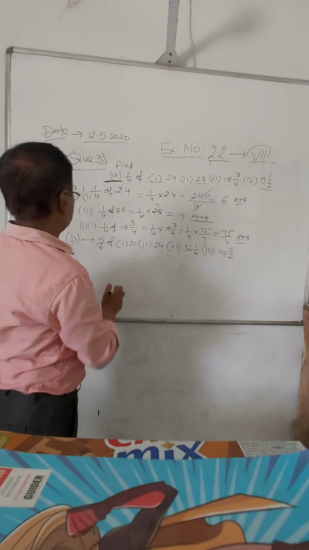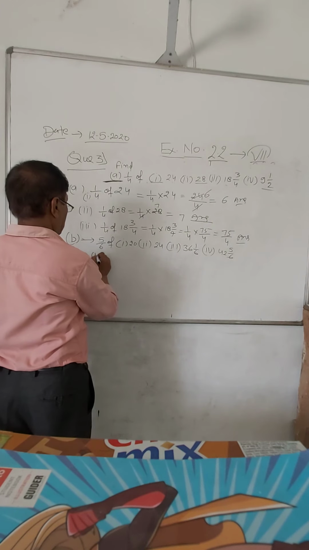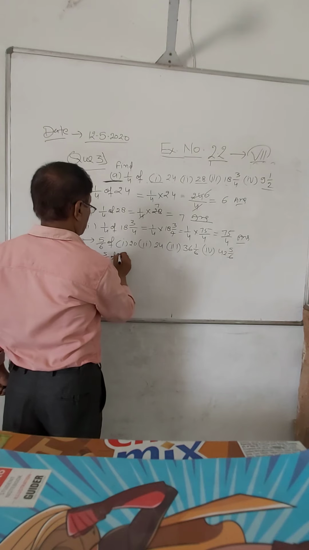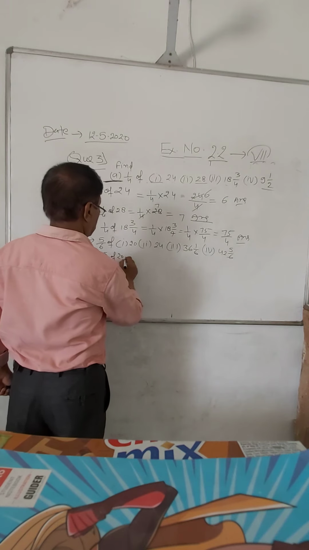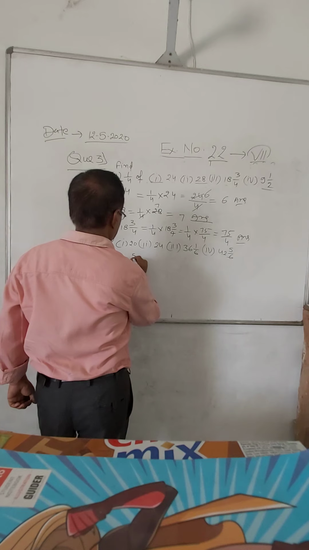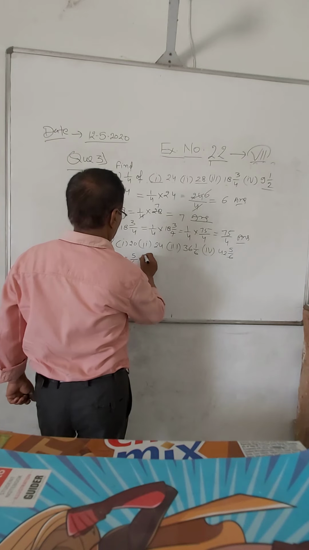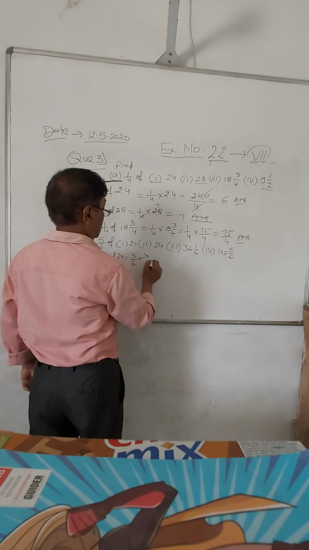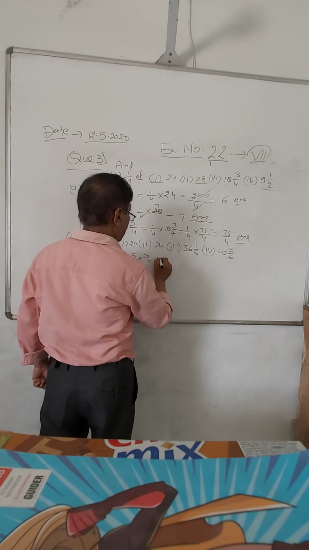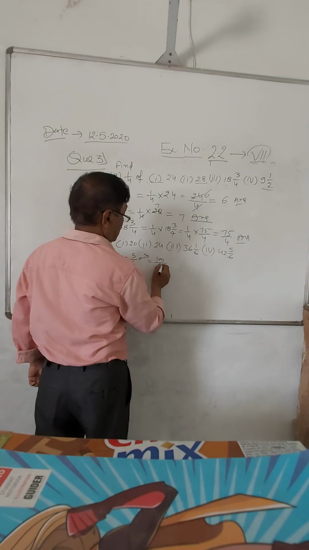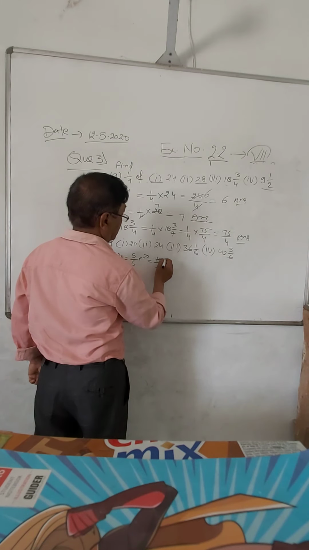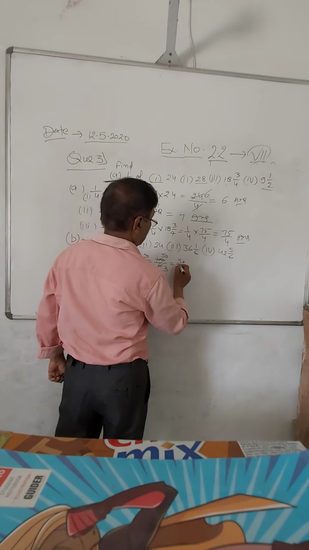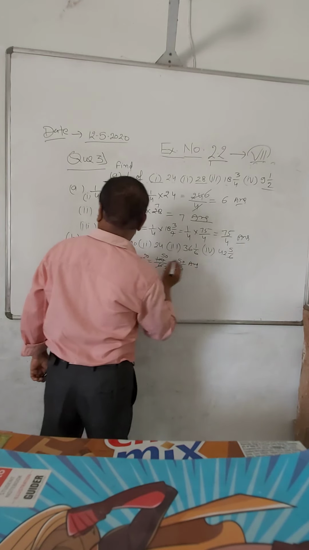So first question, 5/6 of 20. This is equal to 5/6 into 20. So this is 100 upon 6. This you can cancel. 2 threes are 6, 50. So 50 upon 3 is the answer of first.